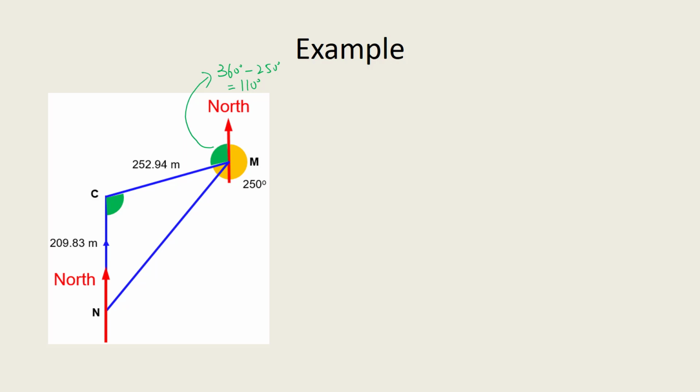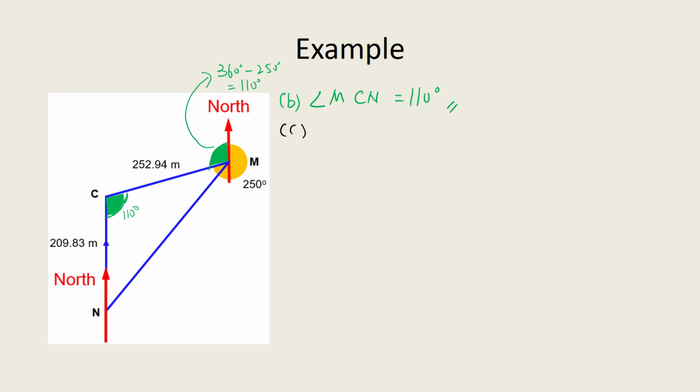Notice that CN and the north direction at point M are parallel with each other. So this green angle and this green angle are alternate angles. That means this angle MCN is also 110 degrees.